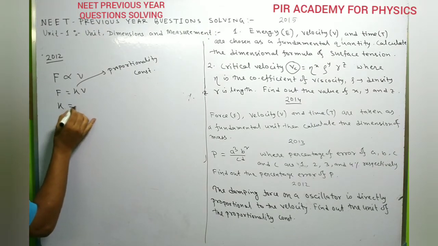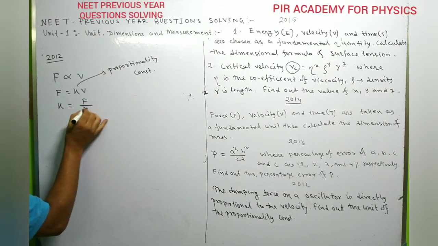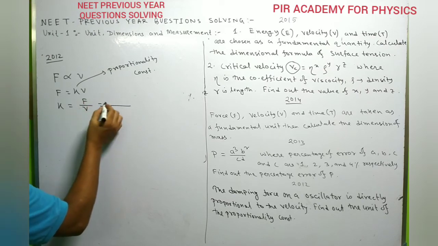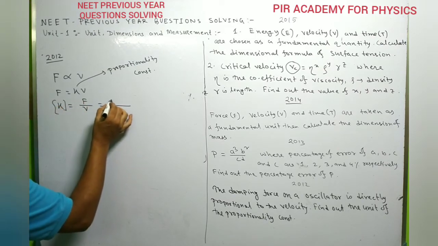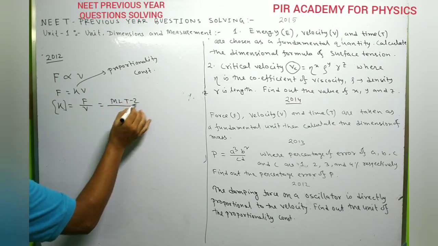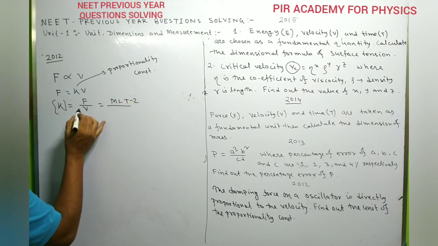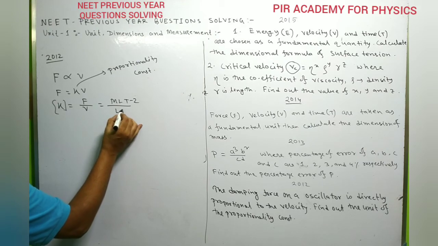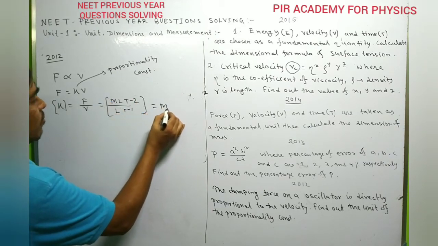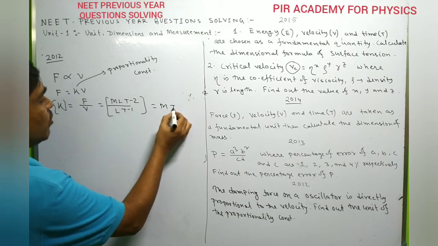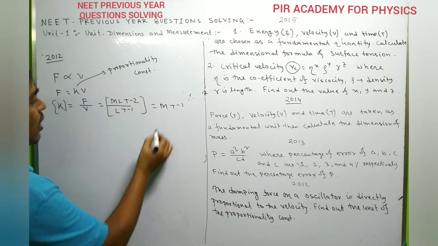So k equals F by v. If I calculate the dimension of k, then F is M L T to the power minus 2. Here is the velocity, that means L T to the power minus 1. So it will be M, L cancels out, so T to the power minus 1.